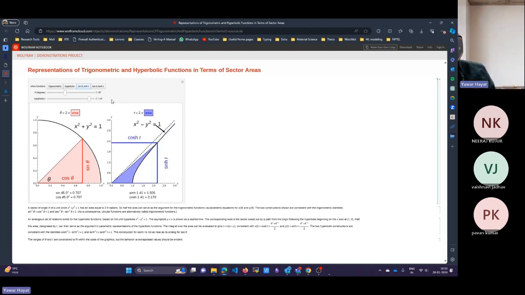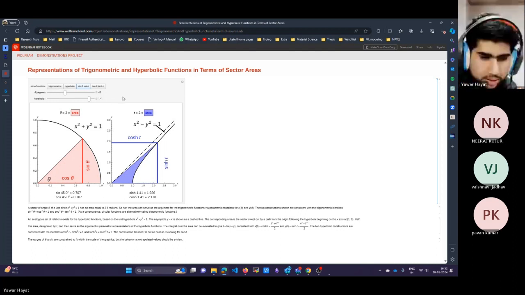Is it clear? I mean, this was just for illustration purpose. This is also how we can define these trigonometric and hyperbolic functions in terms of equations of this unit circle and unit hyperbola.